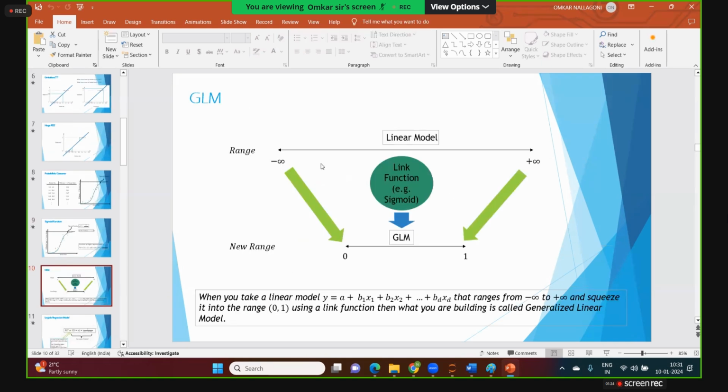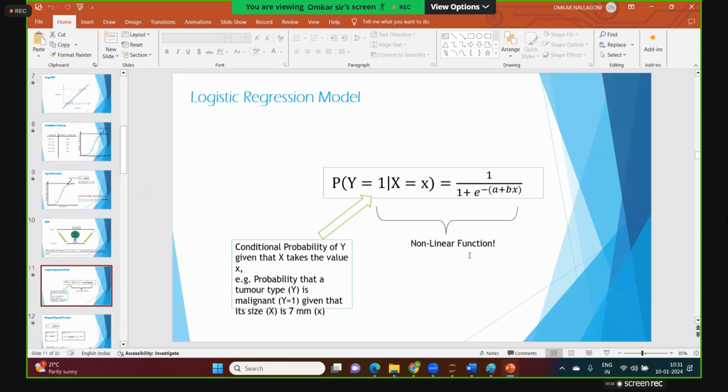And this is the range minus infinity to infinity, and this is the range of 0 to 1. It is a linear model, the general model. And this is a logistic model, that is the sigmoid function. Minus infinity is converted into 0, and plus infinity is converted into 1.